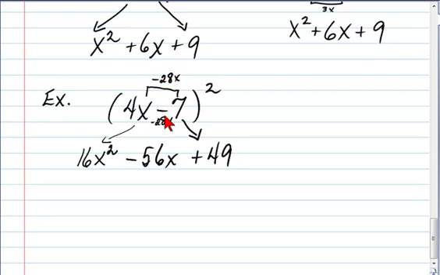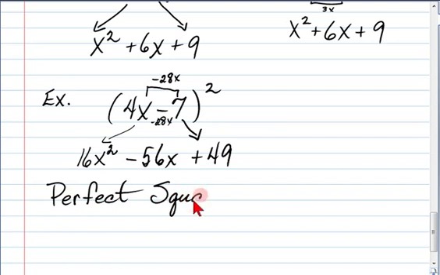Okay? Now, here's going to be your job. Can you recognize when a trinomial has been created as the result of squaring? A trinomial that is the result of squaring is called a perfect square trinomial.